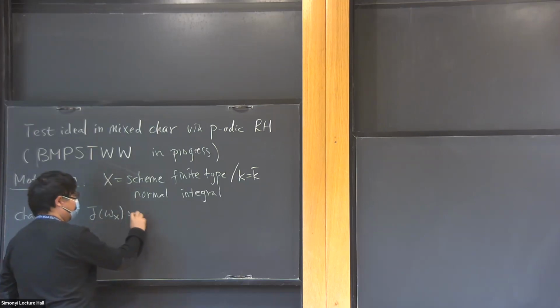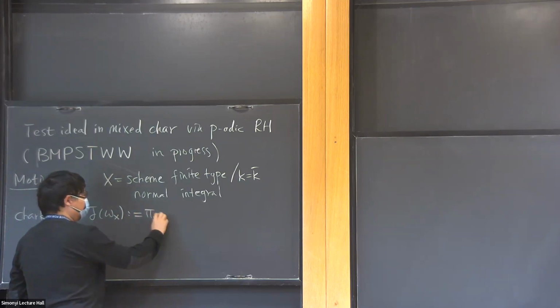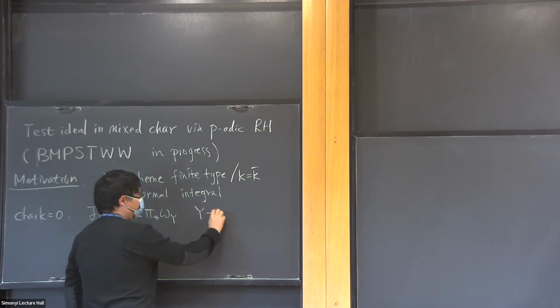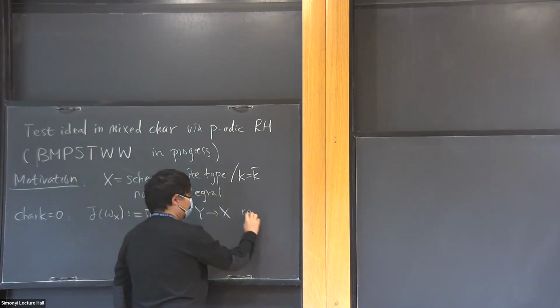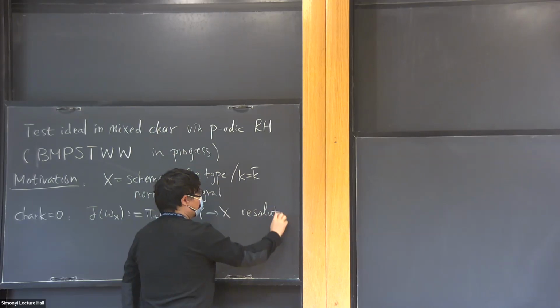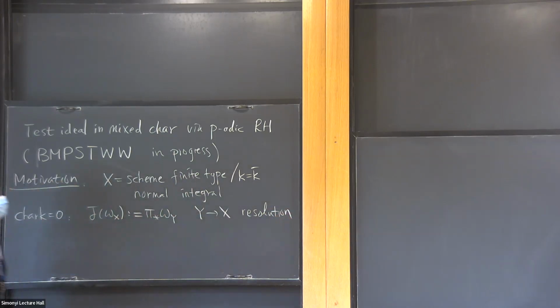This is defined to be the pushforward of omega Y, where Y to X is a resolution. This is the so-called multiplier submodule. It's a subsheaf of the canonical sheaf of X.